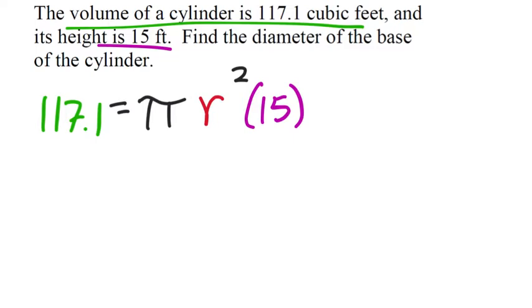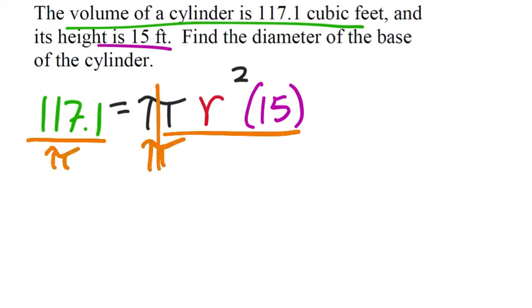The first thing I would want to do, and this is my first objective here, is to isolate the r's. To do that, I've got pi and 15. I don't really want those with my r to the power of 2 here, okay? So I'm going to make these both phantom ones. So to do that, I'm going to divide both sides first by pi. You could choose 15 if you'd like. That's going to make that a phantom 1.